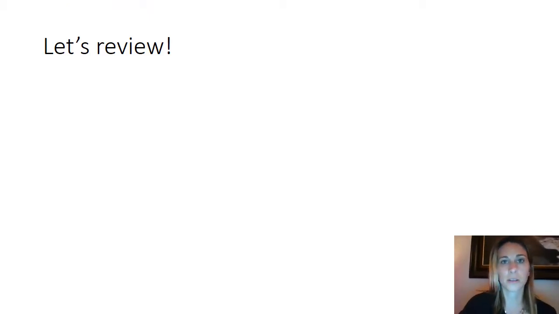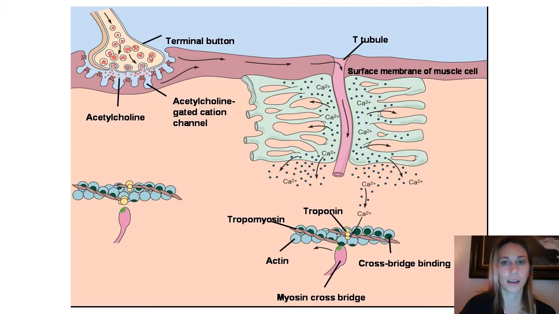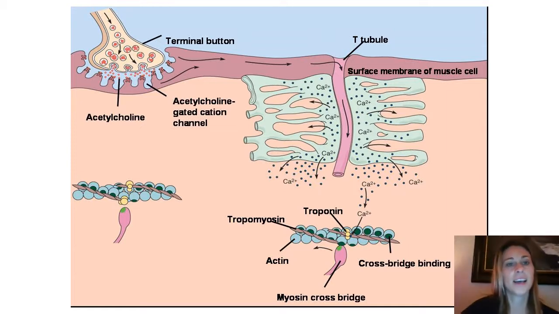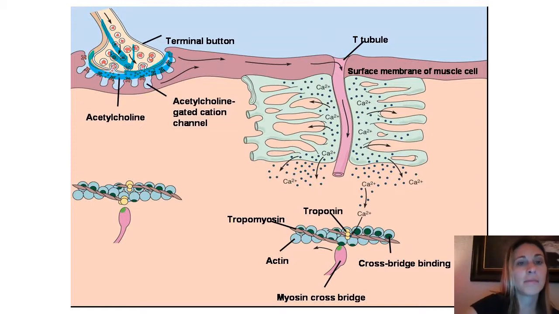So let's review, going backwards. You have a need to run, jump, pick up your pencil, scratch your nose, whatever it is. You send a nerve impulse down until it reaches the terminal button, where the axon meets and touches the surface of the muscle cell, or muscle fiber itself.